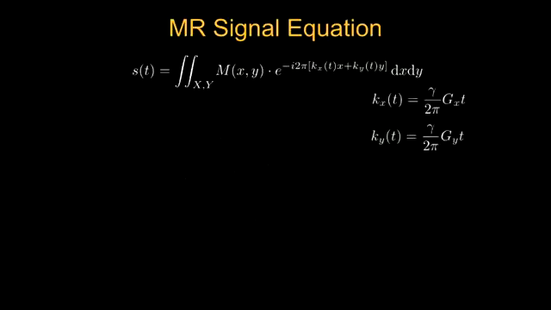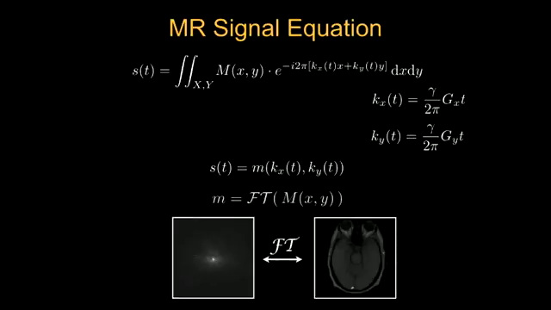Then you plug in everything over here and define S(t) to be M(kx(t), ky(t)), which is basically a Fourier transform of Mxy, so you can get the images using Fourier transform.